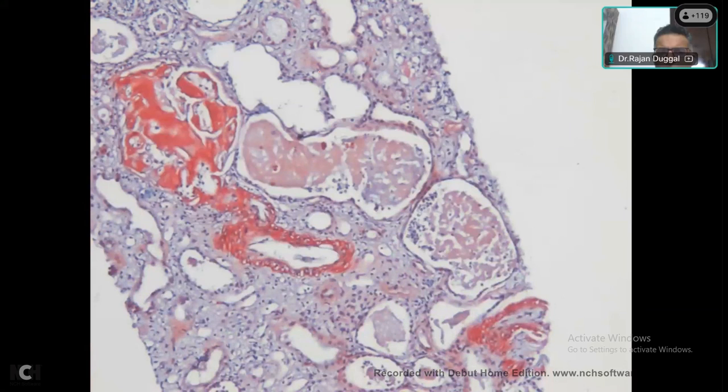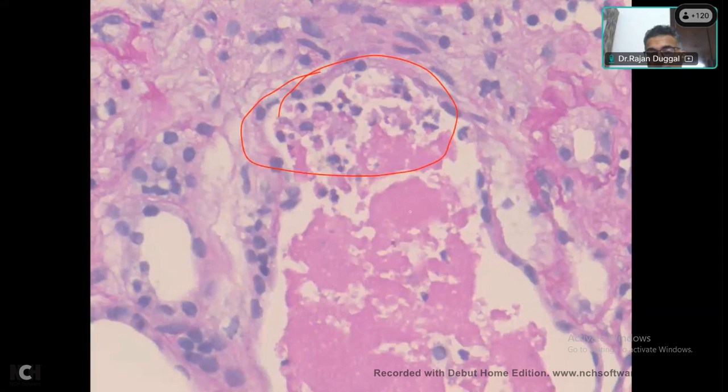So this is the Congo red stain. Actually, I was expecting that whatever material you are seeing in these tubules might be PAS weakly positive. I thought this may turn out to be some exogenous kind of material, and there was some reaction also. But remember that if there is a tubulointerstitial pathology, with a lot of inflammation in the interstitium, there could be one or two occasional tubules which will show this inflammation going into the tubular lumen also.